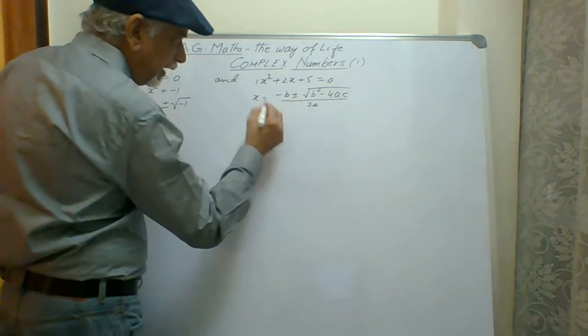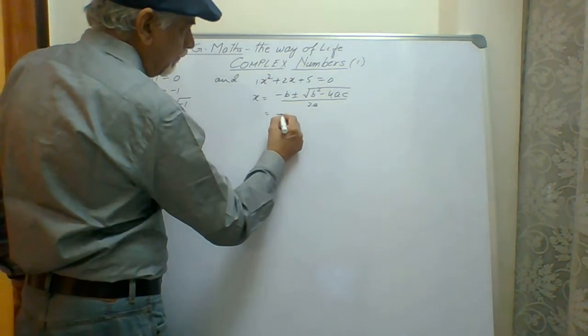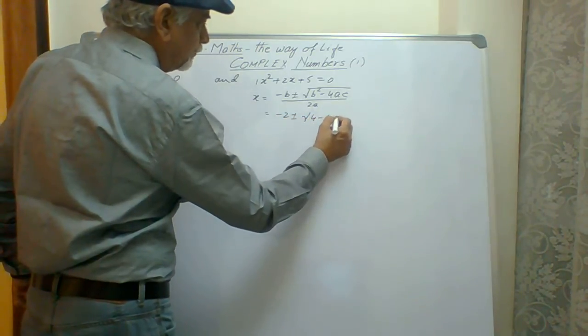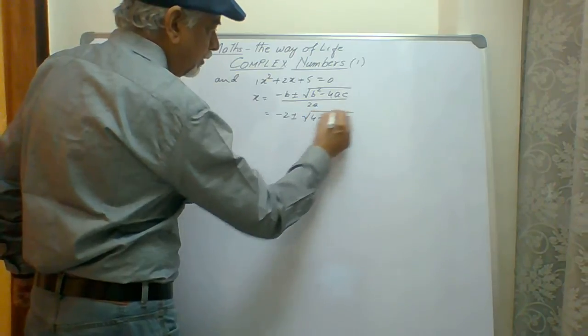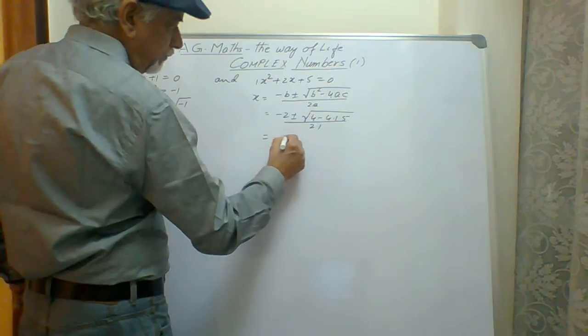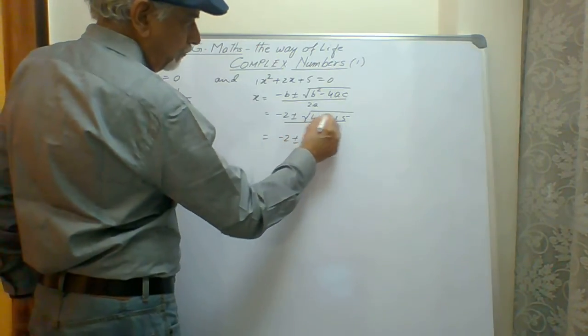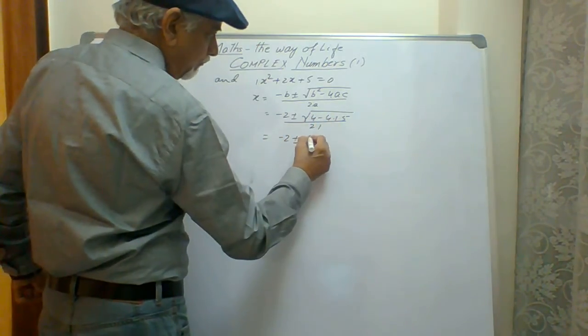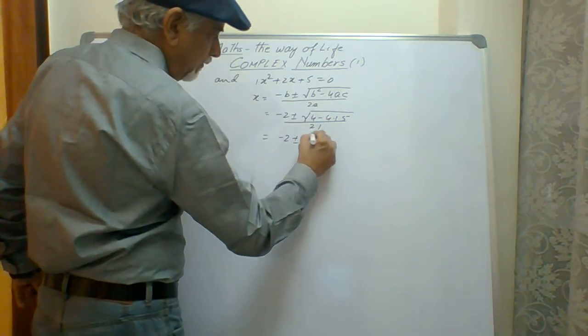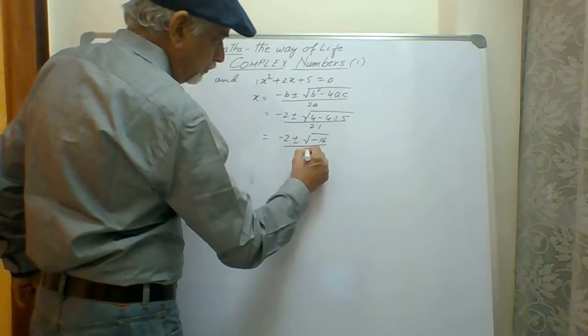When I put all these values here, what I get is minus 2 plus minus root over 4 minus 4 into 1 into 5 over 2 into 1. Or in other words, it is simplified as 4 minus 20, which is minus 16, correct, by 2.